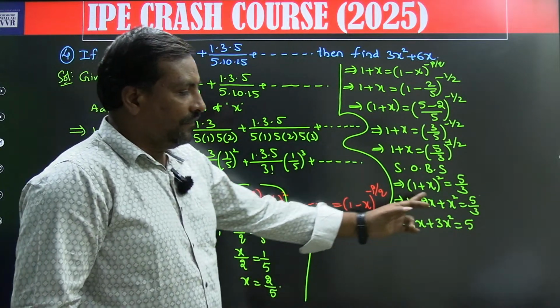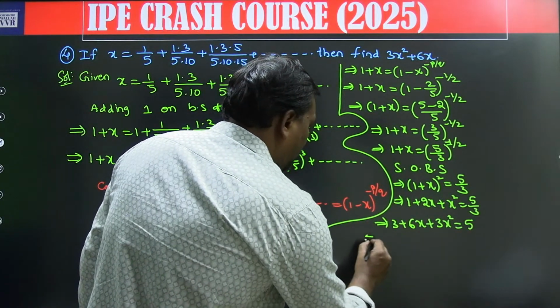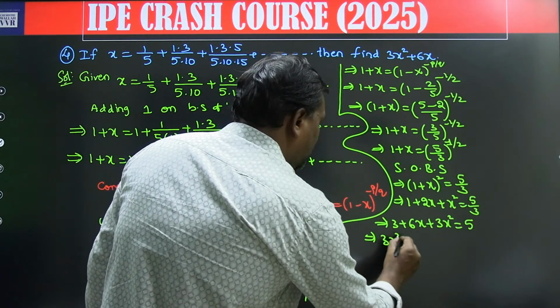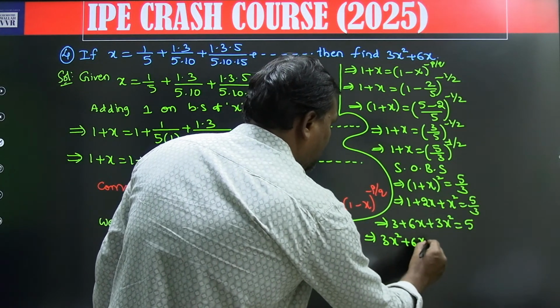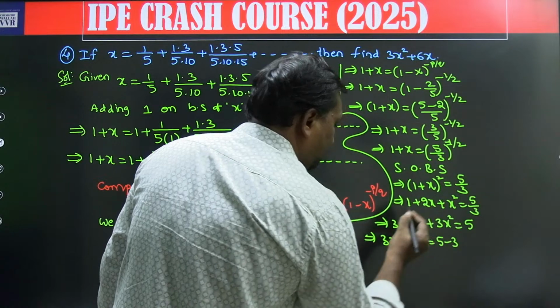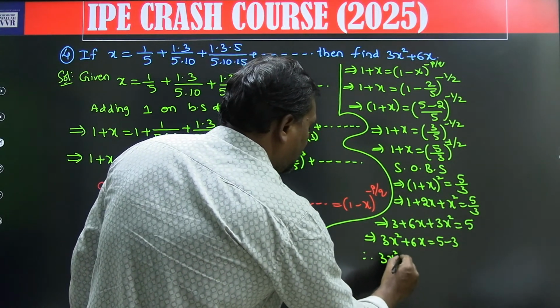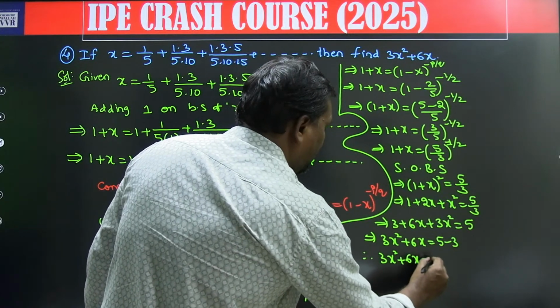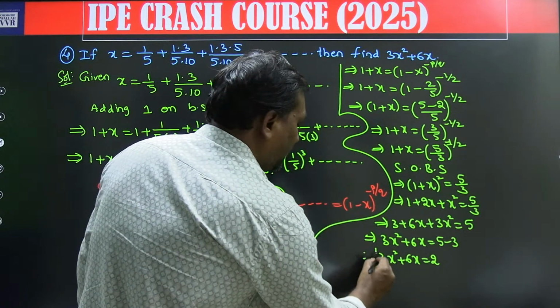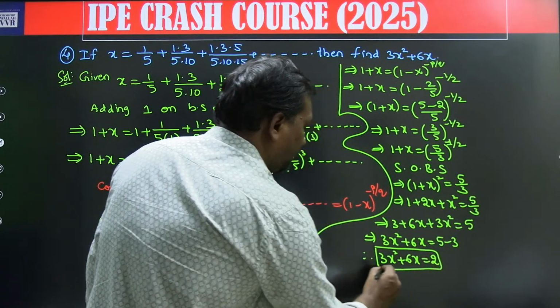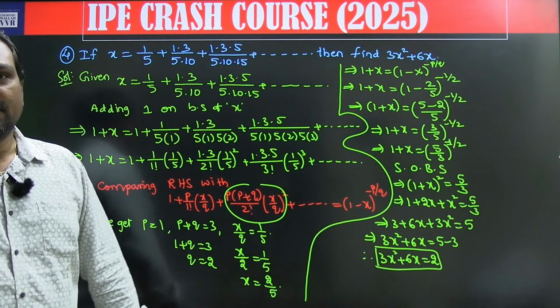So if you take 3 across, 3x square plus 6x is equal to 5 minus 3. Therefore 3x square plus 6x is equal to 2. So this is the final answer.